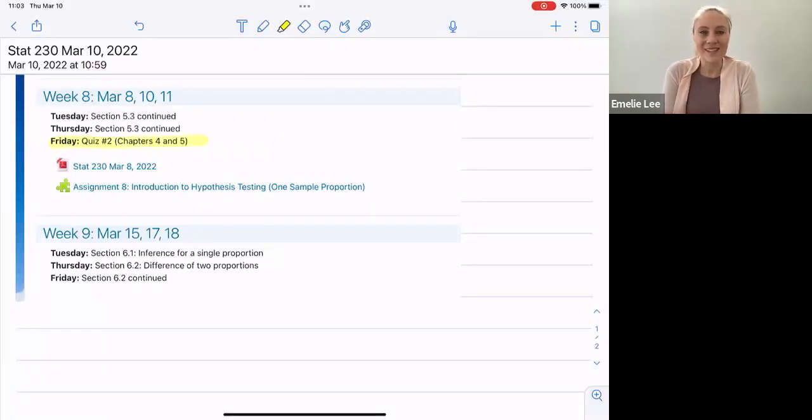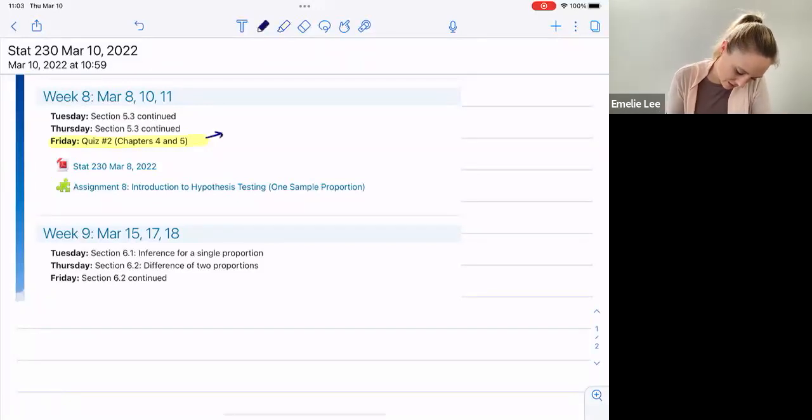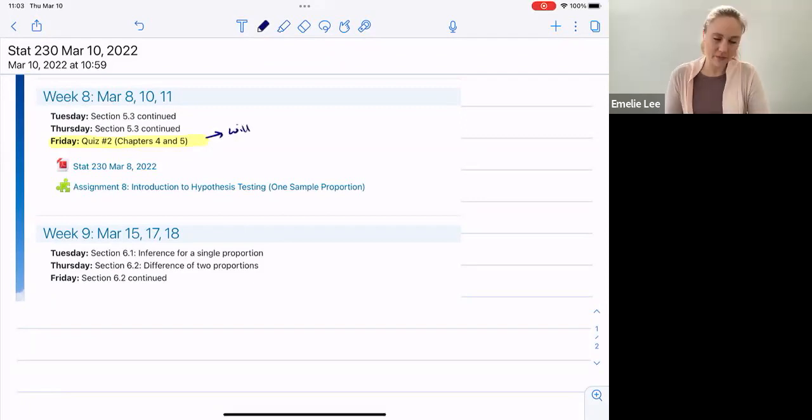So for tomorrow, the quiz opens. It's the same as the first quiz, where you have the whole weekend to do it. It'll open in the morning, and you could use our class time to do it, but you don't have to. I'll make more notes about the quiz once I've posted it.